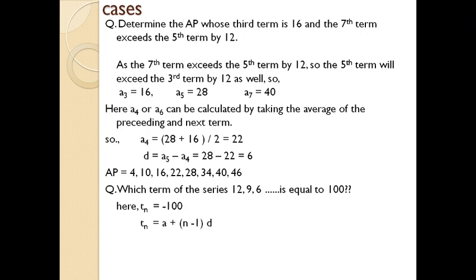Now we can substitute in the equation Tn equal to A plus n minus 1 into D. By substituting, A is 12, because the series starts from 12, n we don't know, because we need to find the n term, minus 1, and D is minus 3, the difference between 12 and 9.